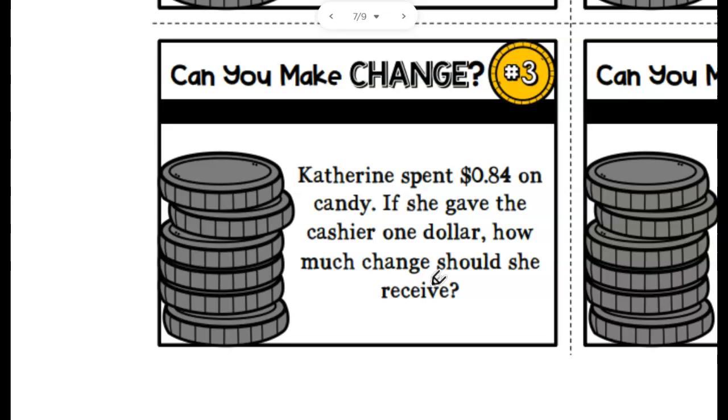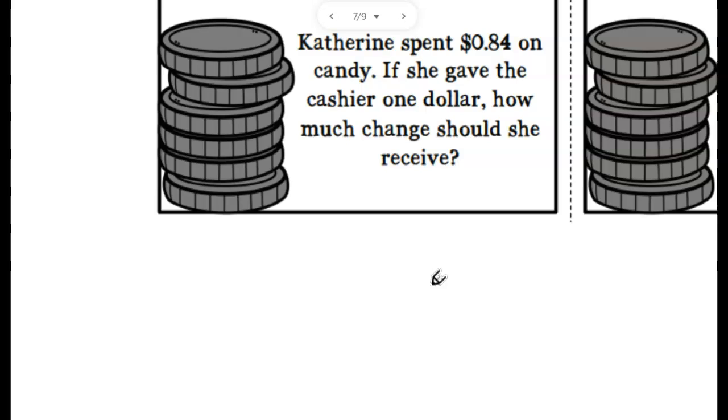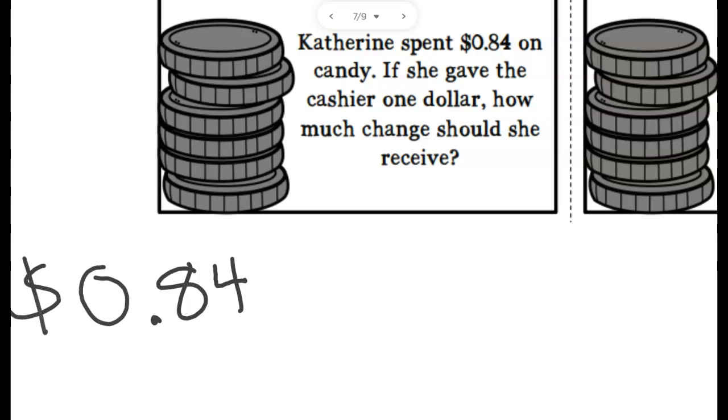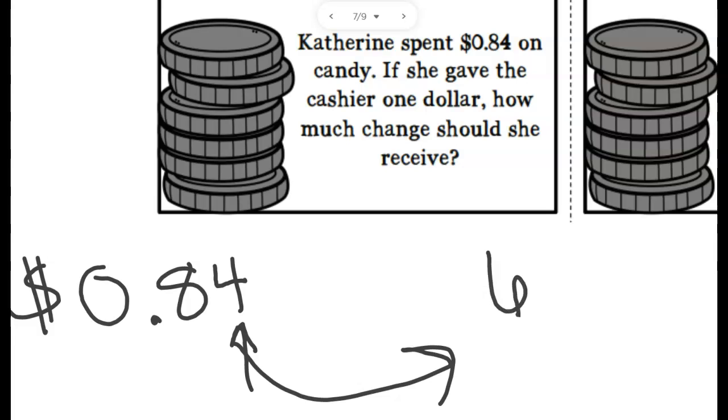For this strategy, we're going to start with our 84 cents and try to count up until we get to $1. So to make this space a 0, I would have to add 6, because that would make it a 10, and carry the 1.